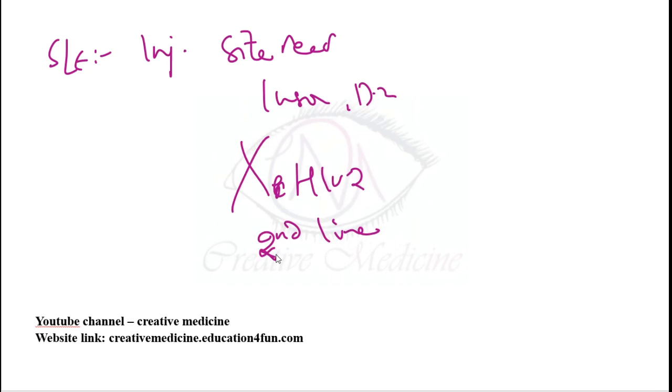So enfuvirtide binds to the gp41 of HIV-1, inhibits fusion and entry of the virus into the host, is used by the subcutaneous route, and is the only parenteral antiretroviral.